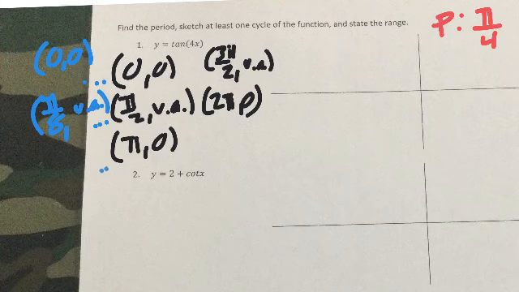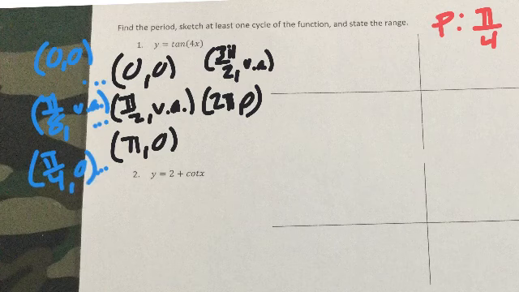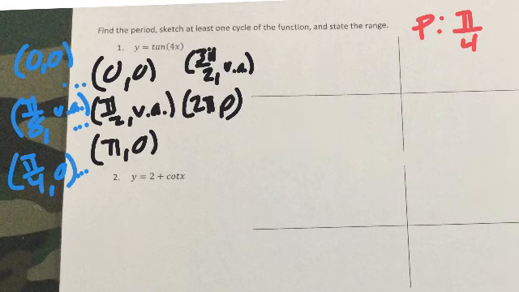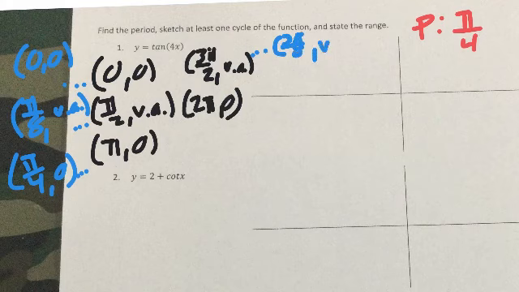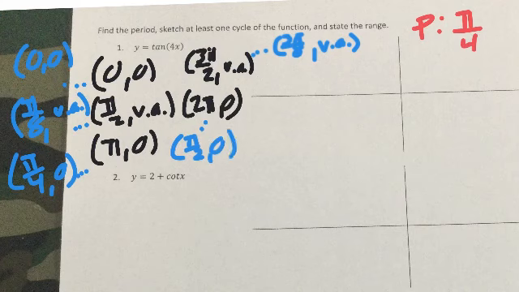When I divide this by 4, it's going to give pi over 4, 0. When I divide this one by 4, it's going to give me 3 pi over 8, and that's going to be a vertical asymptote. And then right here, 2 pi divided by 4 would give me pi over 2, and it's going to give a value of 0.